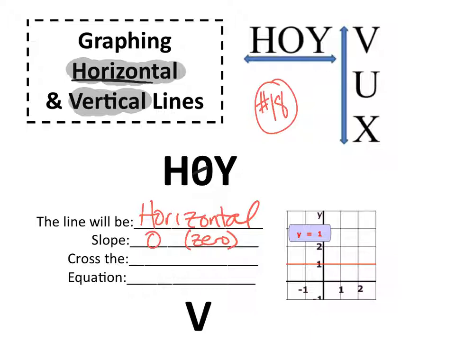And since the last letter is Y, which axis do you think a horizontal line is going to cross? The y-axis. The equation of a HOY line is always y equals some number, whatever number it crosses the y-axis.